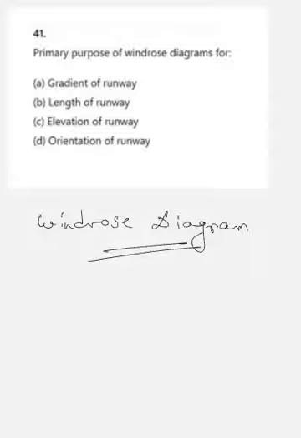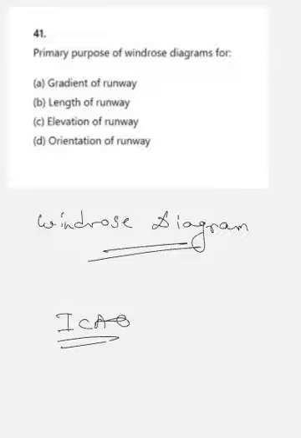Now, why other options are wrong? We have to evaluate this. Okay. Now, we know gradient of runway depends on the terrain and the ICAO limits. Right.